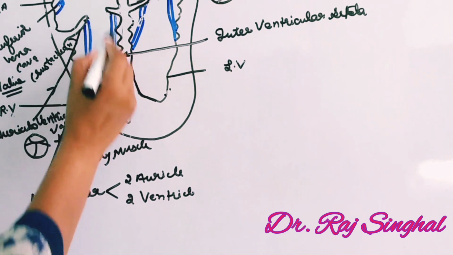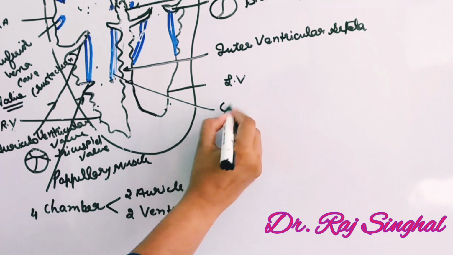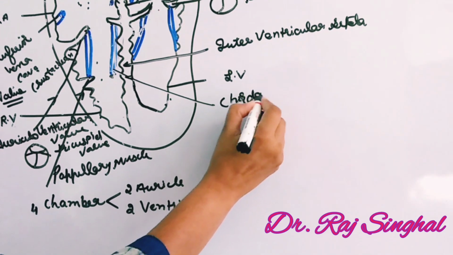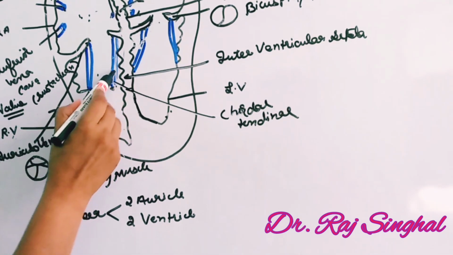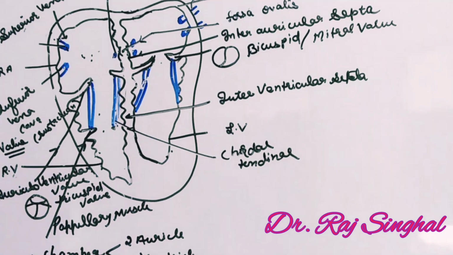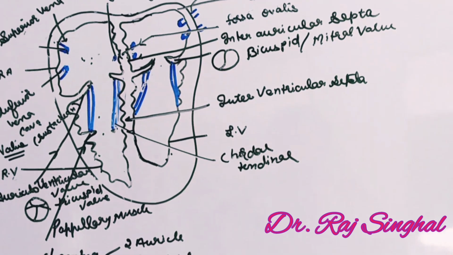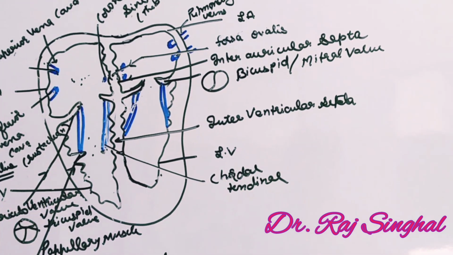These connections are known as chordae tendineae. These connections help in keeping the valve open or closed at their fixed position to prevent the backflow of blood from ventricle to auricle.